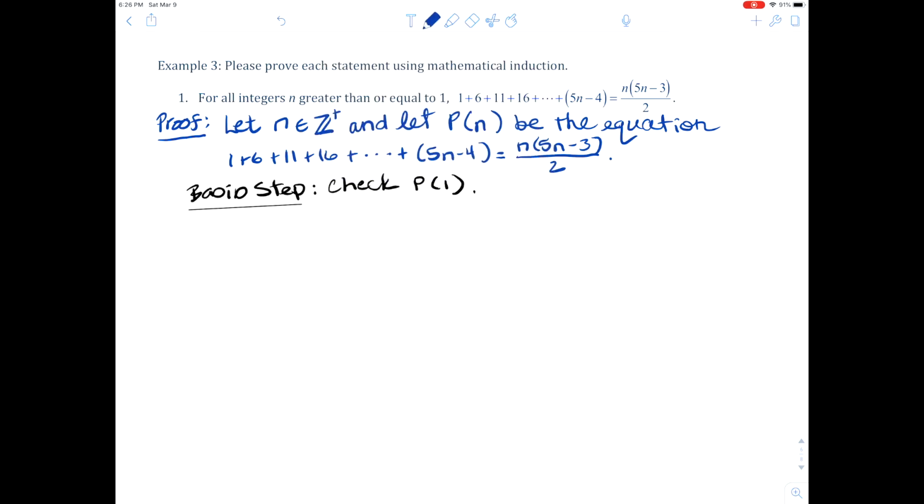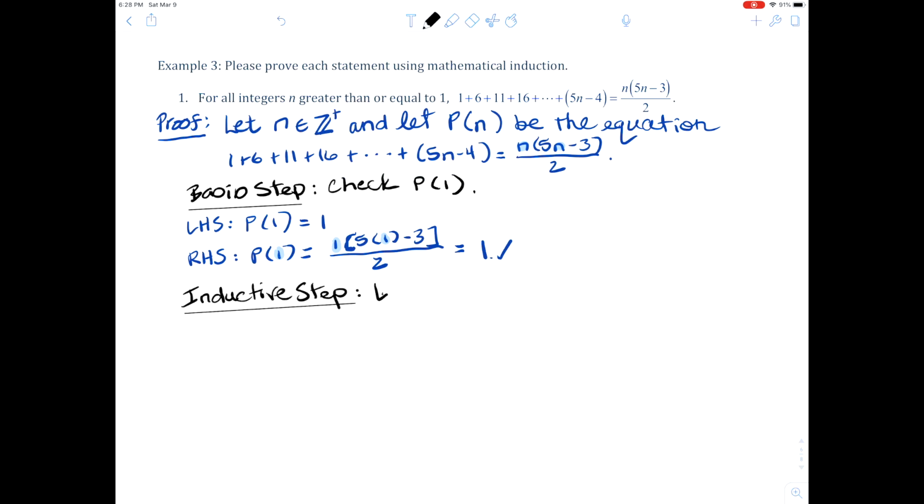All right, so the left-hand side, again, so easy it's hard. P at 1 is equal to 1, right? And the right-hand side will have P at 1 is equal to 1 times 5 times 1 minus 3 all over 2, which is 2 over 2, which is just 1, all right? And that checks out, so we can move on to the inductive step.